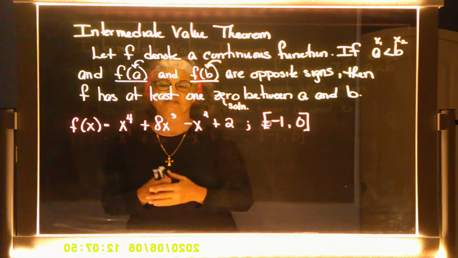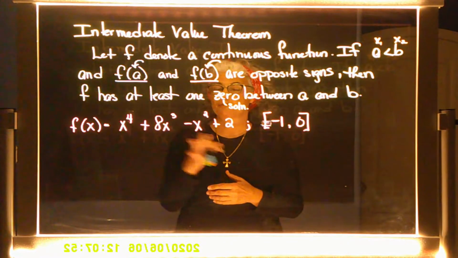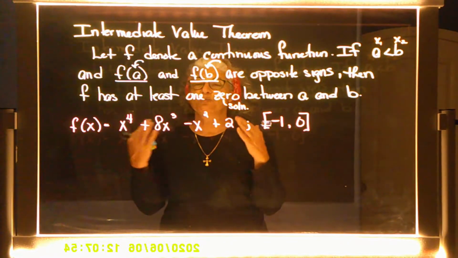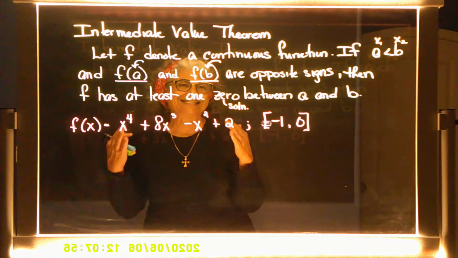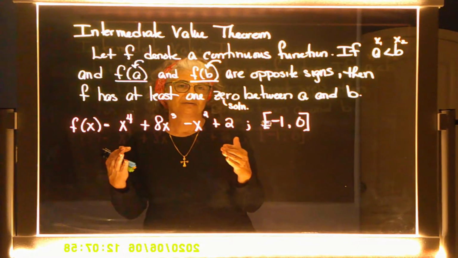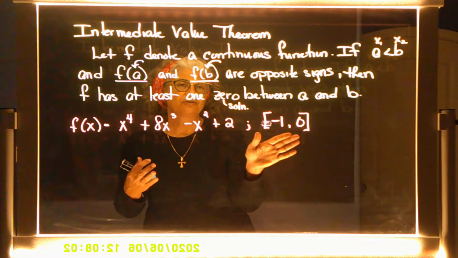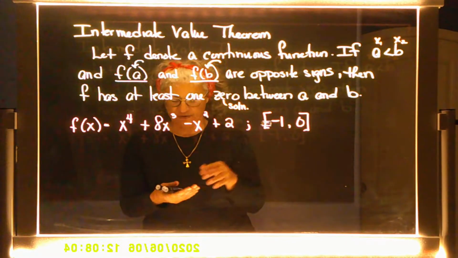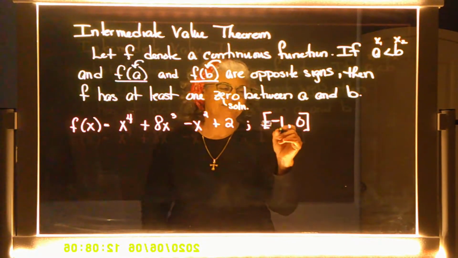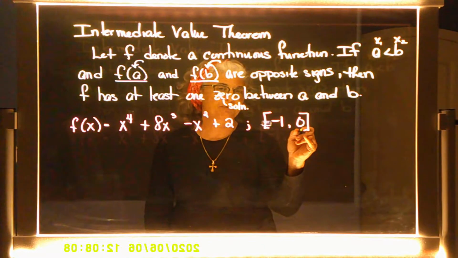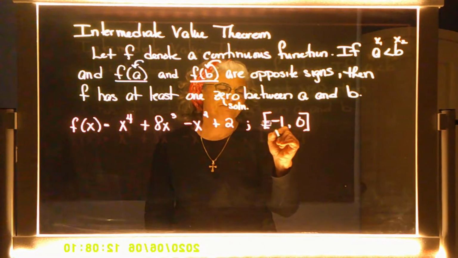Here's a function they've given us, a 4th degree polynomial, and they're wanting to know if there is a 0 on this interval. Well, if they want to know if there's a 0 on this interval, that means -1 and 0 are representing, yep, these are your x's.